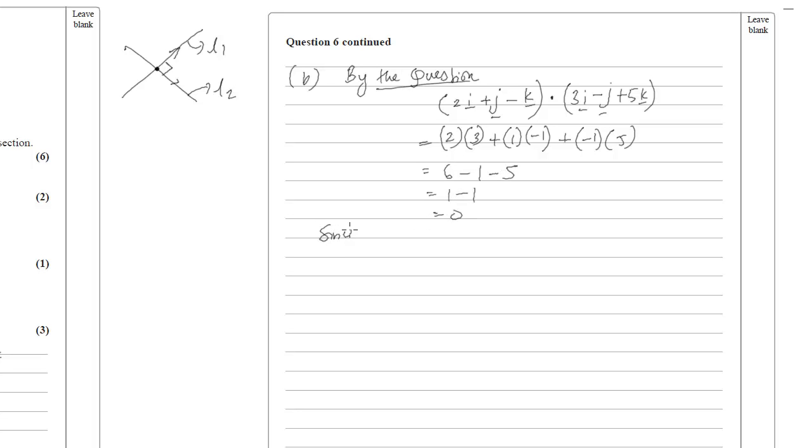And you write: since the dot product, another name is the scalar product, is 0, the lines are perpendicular.